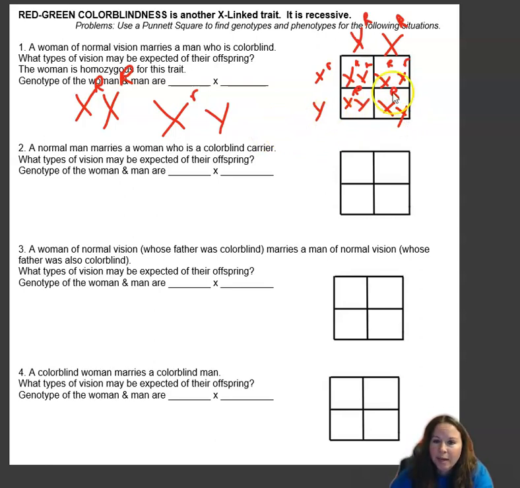So I wouldn't expect any offspring in this family to have red-green color blindness, but I will expect maybe to see it in future generations if these daughters are carriers or heterozygous for it.